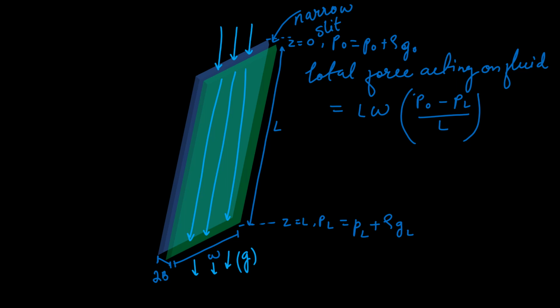Whereas I say P naught is equal to small p naught plus rho g naught, and PL is equal to small pL plus rho g L.